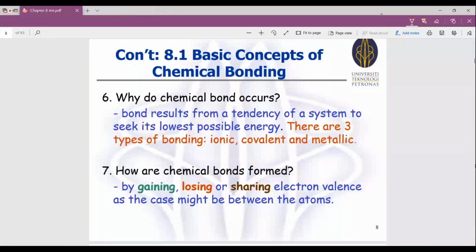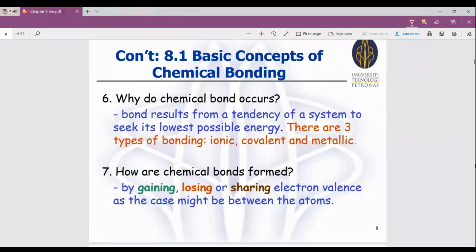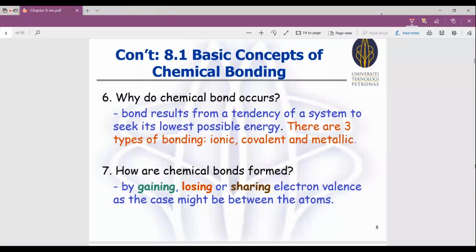Yes, because a stable configuration is the lowest energy level. A high energy level is not stable because it is an excited state. To make a bond, there are 3 types: ionic bond, covalent bond, and metallic bond. The metallic one is the new one.